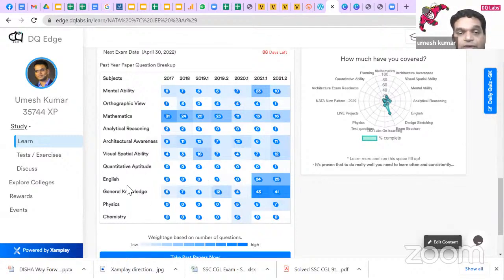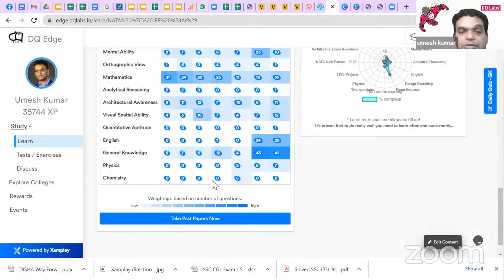And then if you further see English general knowledge, English, since 2017 to 2020, there were absolutely nil questions. But in 2021, they have suddenly increased the number of questions in English. Similarly, they have given heavy importance to general knowledge, 43, 41 of general knowledge, right?